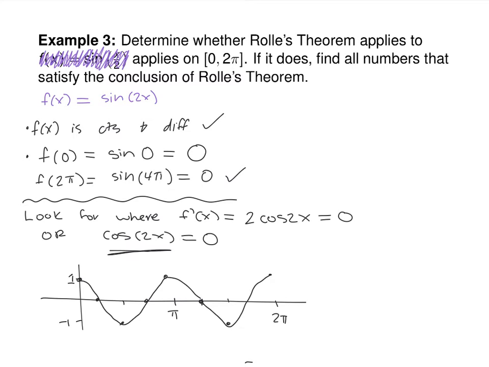So you're trying to figure out where is cosine of 2x 0? How does that relate to the picture? Wherever the graph crosses the x-axis, that's where it's 0. There, there, there, and there. So what are those numbers? Plus pi n? 3 pi over 4.